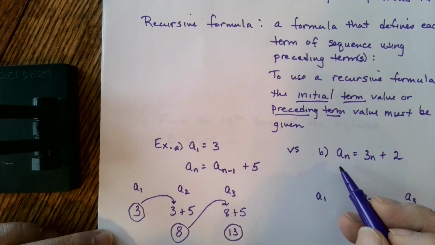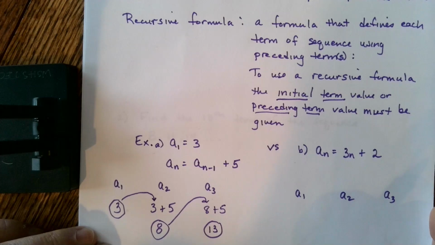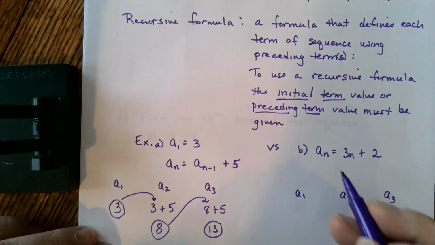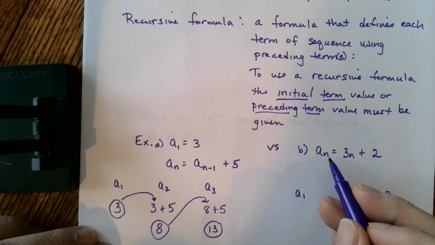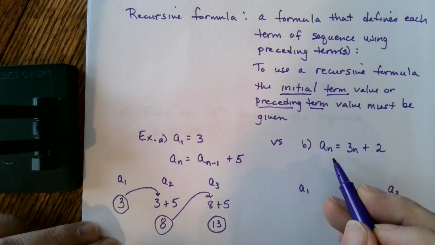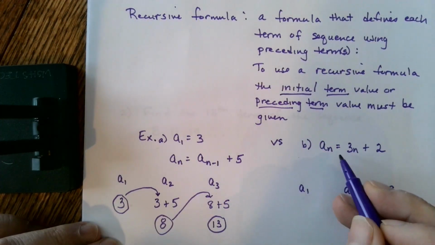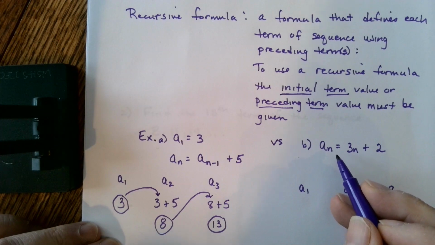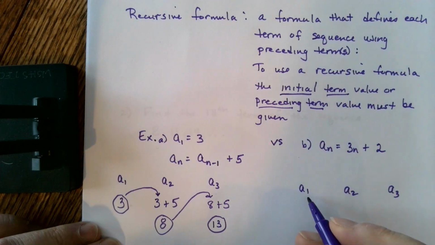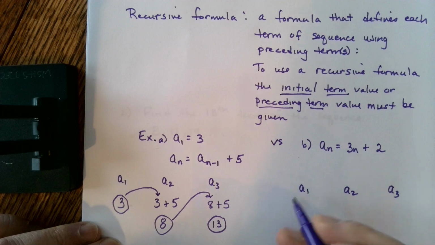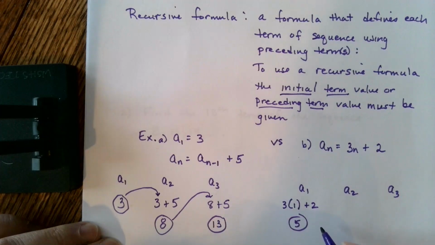However, when you look at the explicit formula, it's much different. It's different in the fact that we can now find the value of each term by simply knowing whatever term we're looking for. So if I'm looking for the first term, for example, I would just simply substitute a 1 in for n, and my first term's value is 5.